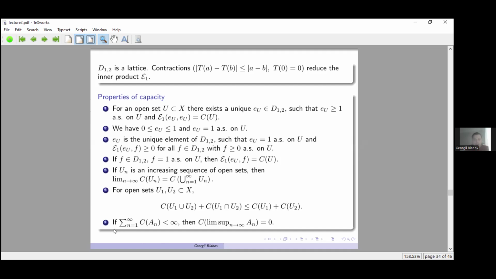And the last property: if sets A_n are such that the capacities of A_n form a convergent series, then the capacity of the upper limit of A_n is equal to 0.